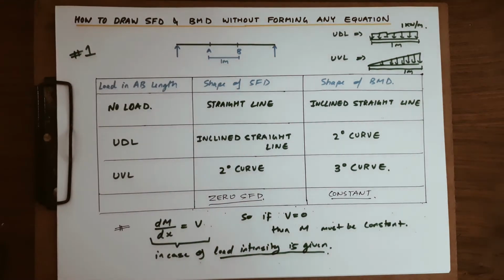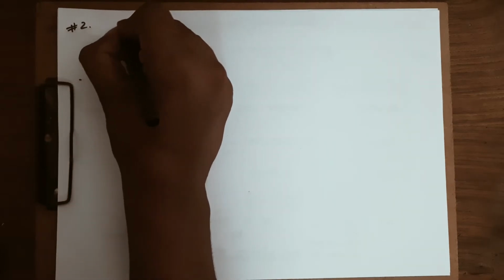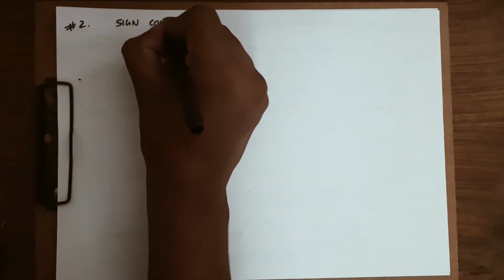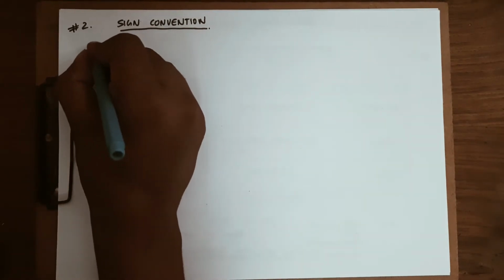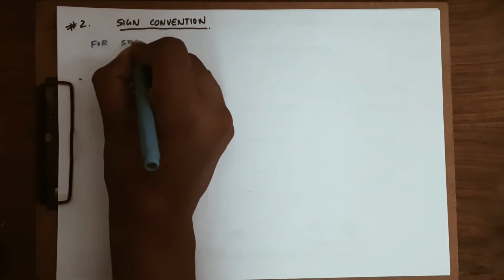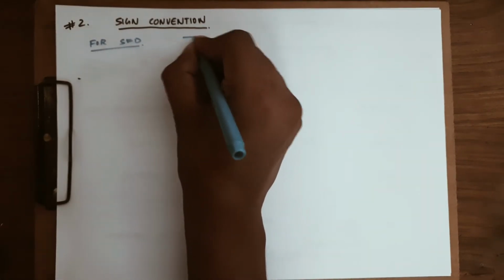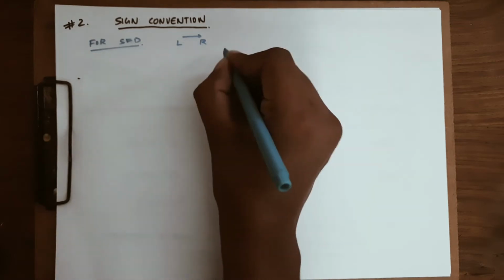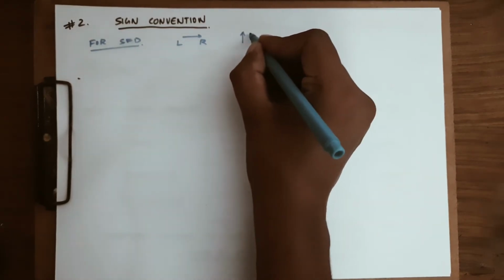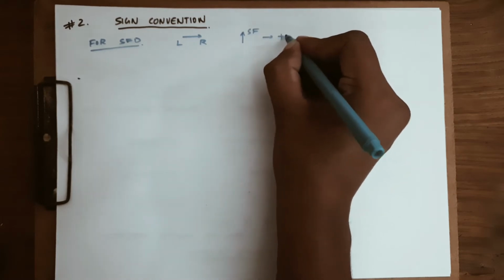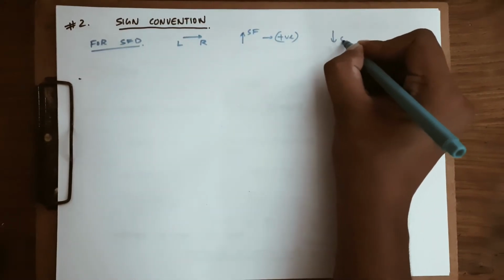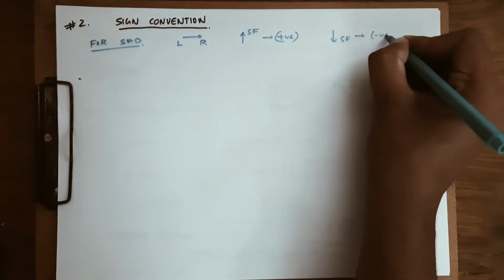Now our second step is to know about the sign convention used. Now in a simpler way, we can say for SFD, if we are going left to right, then in this case upward shear force is positive and downward shear force is negative.